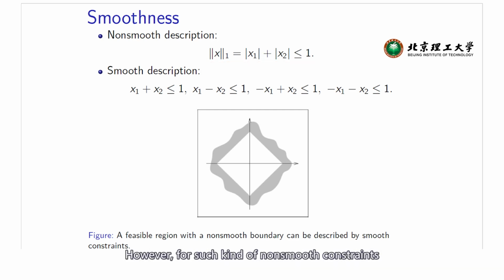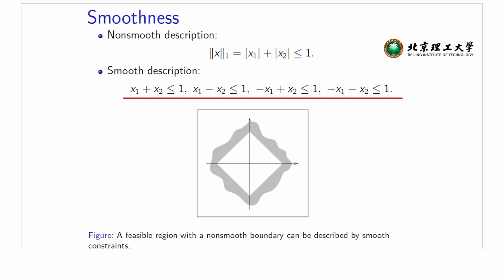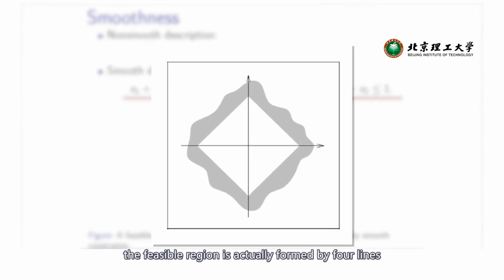Okay? However, for this kind of non-smooth constraint, we can actually transform it into smooth constraints by writing it as 4 inequality constraints. Okay, so by considering different cases of the sign of each component, we can get the 4 constraints here. And geometrically, the feasible region is actually formed by 4 lines in the 2-dimensional space.